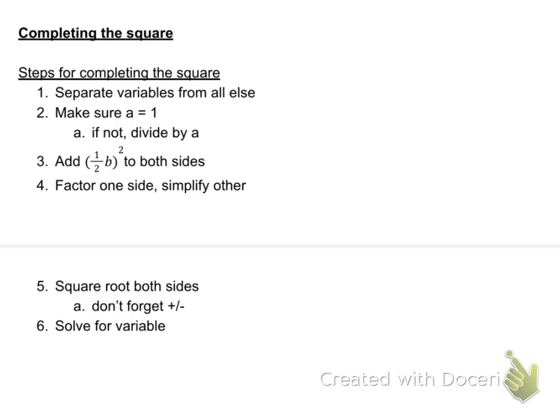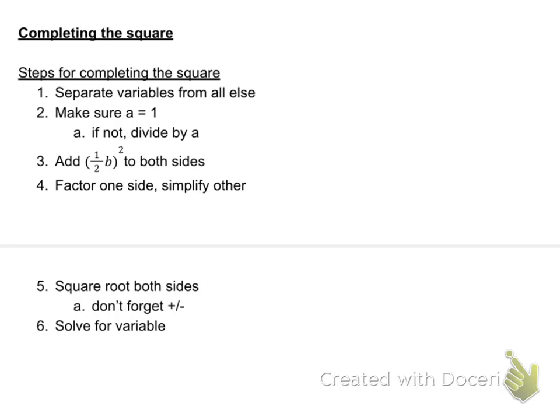3, now we actually are going to do what we just did and add half of b squared to both sides. There's a twist to that. Notice that when we went to factor it, it was really easy if I left it as the actual half of b, and then I squared it on the outside. We'll keep that in mind.